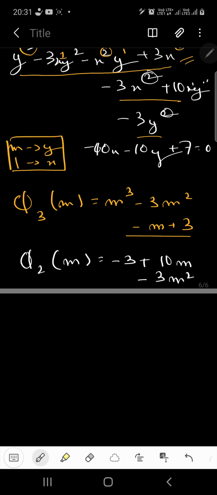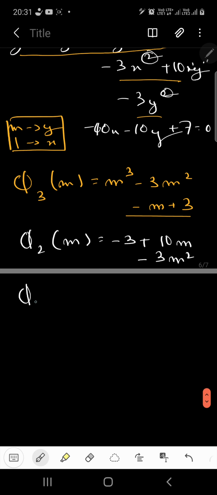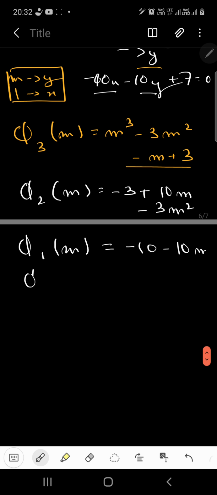Got it? And lastly, phi 1 of m, which gives you minus 10x and minus 10y, so minus 10 minus 10m, and then phi 0 of m, which is 7, the constant portion. So these are the individual functions of like powers of the equation of the curve given to you.